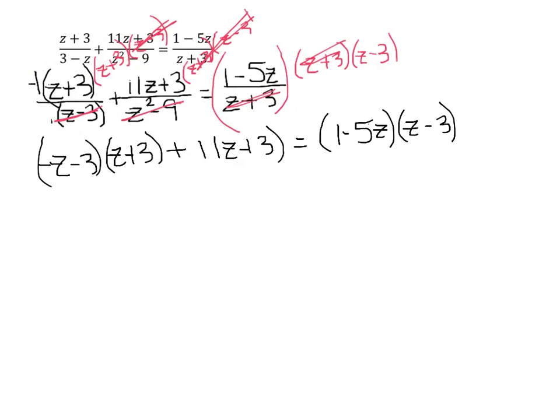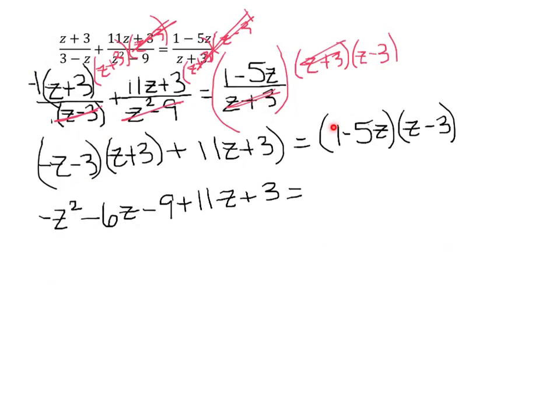So as I start to distribute this, I get -z squared minus 3z minus 3z, so that's minus 6z minus 9 plus 11z plus 3 is equal to, that would be z minus 3, right?